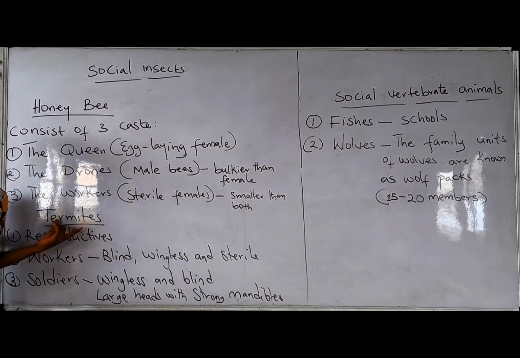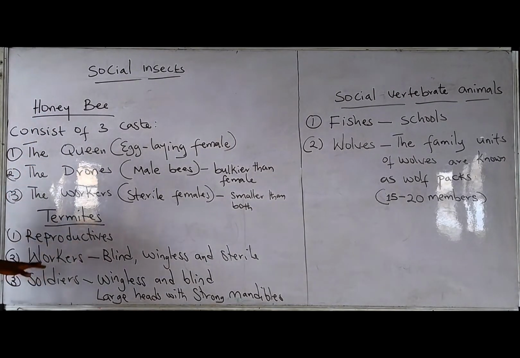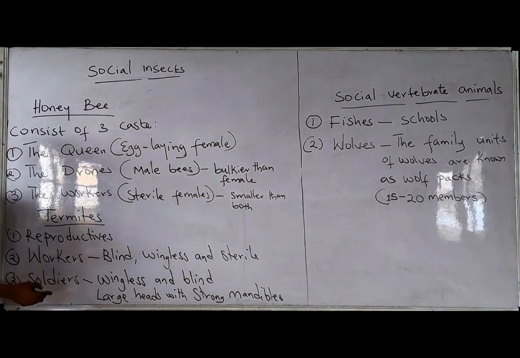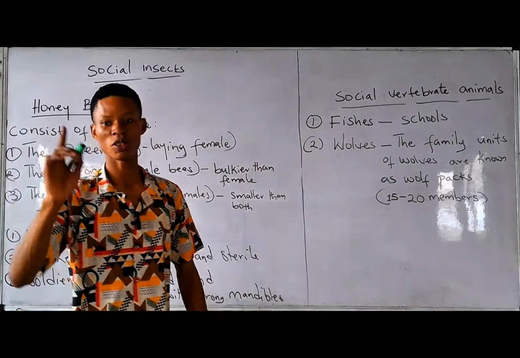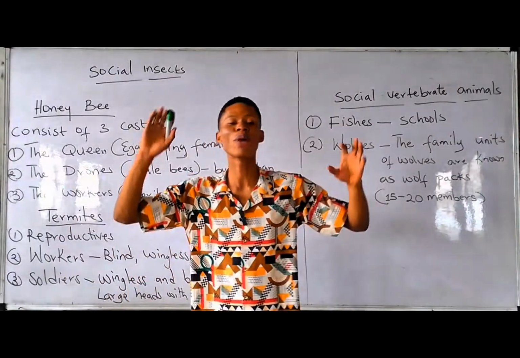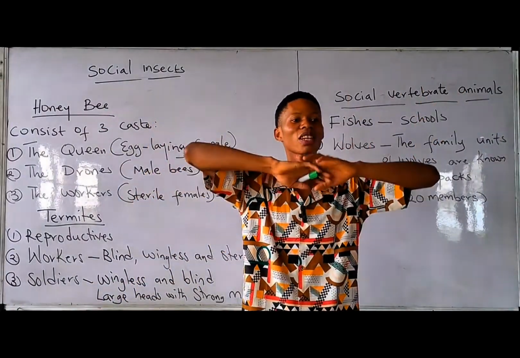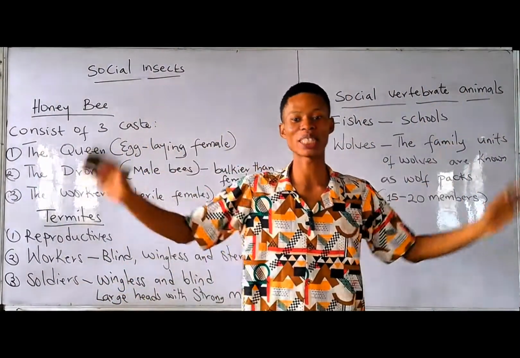Now the termite caste system. For the termites, we also have three, which are the reproductives, the workers, and the soldiers. Now the reproductives. We have males and females flying, looking for mates.